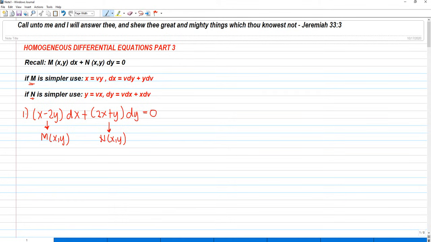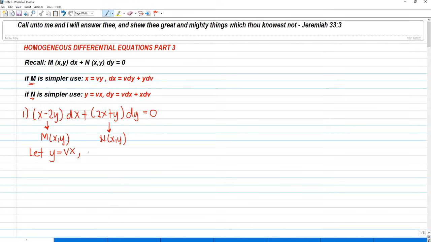Both are simple terms, so actually we can use either M or N. This is only a suggestion, so that we would not come up with a complicated integral when we substitute. In this case, for number 1, it looks like they are simple, but I would go for N. Let y equals vx.